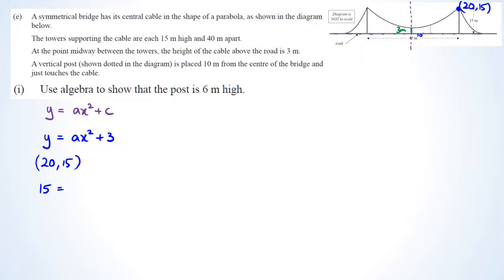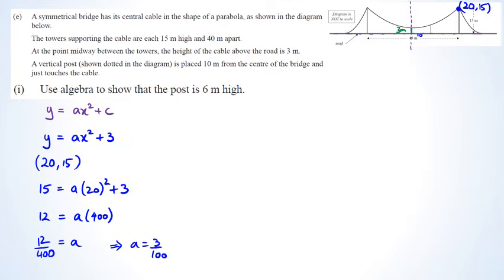So 15 equals a times 20 squared plus 3, and rearranging this, I get 12 equals a times 400, which when I rearrange, I get a is equal to 12 over 400, or a is equal to 3 over 100. Okay, so then my equation for this bridge is y is equal to 3 over 100 x squared plus 3.